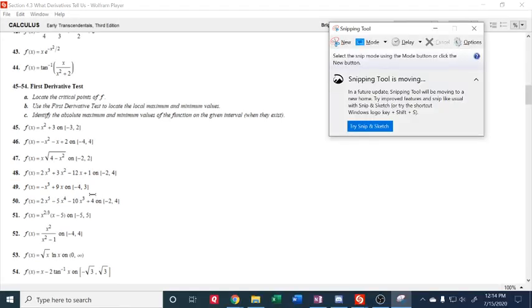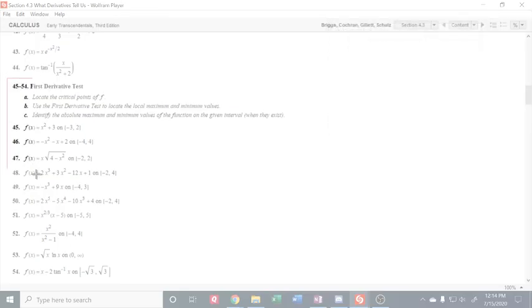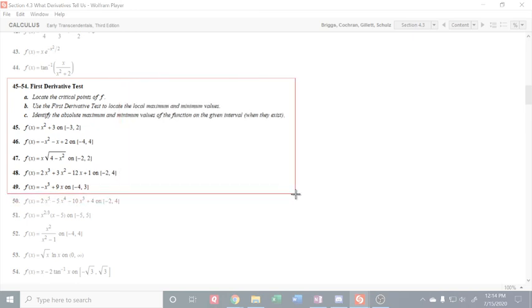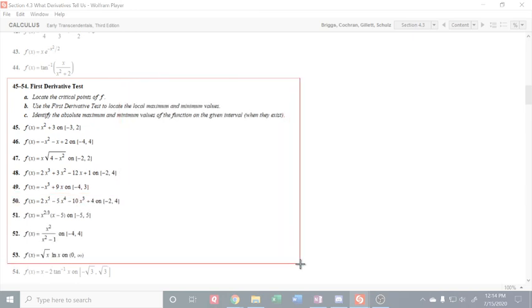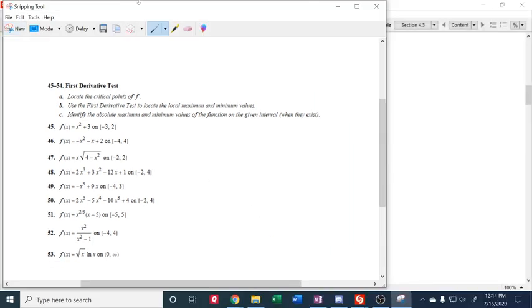Actually, let's get the directions too. 53, I think, was one of them, so we'll grab both of those.